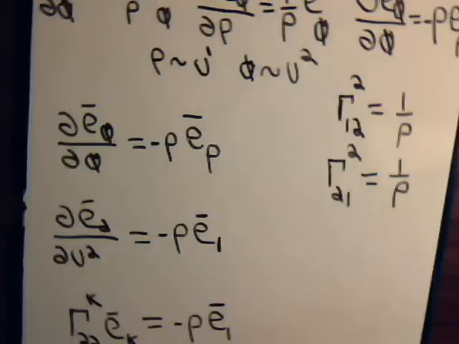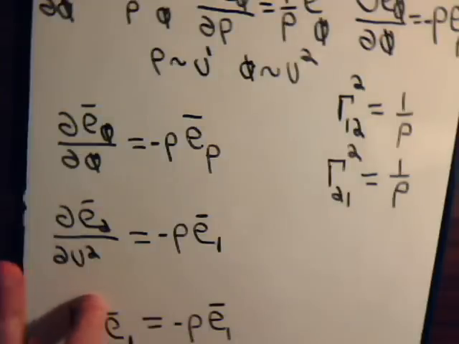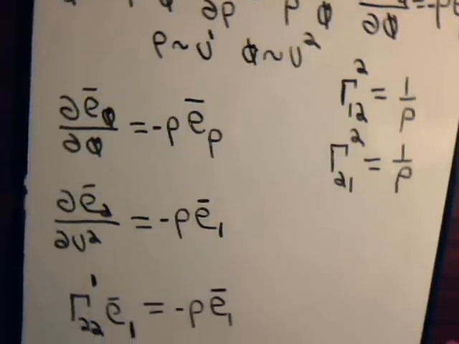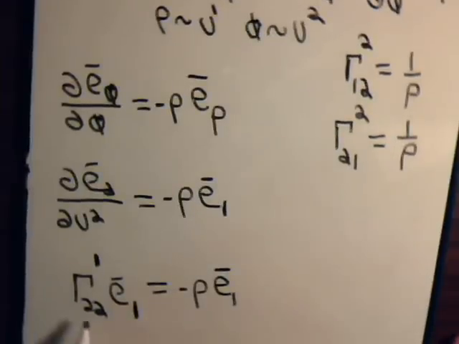Well, here, this is 1, so let's make it 1 on this side too. So this implies that gamma 2, 2, 1 equals minus rho.